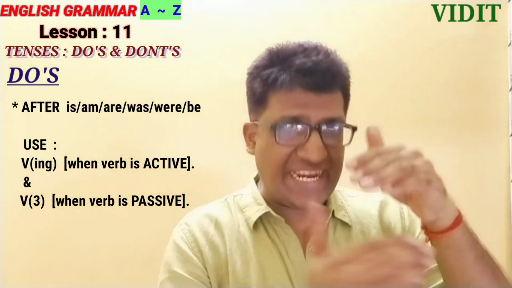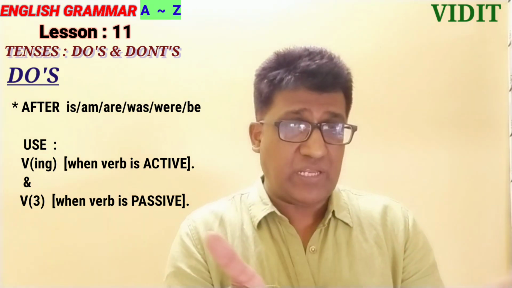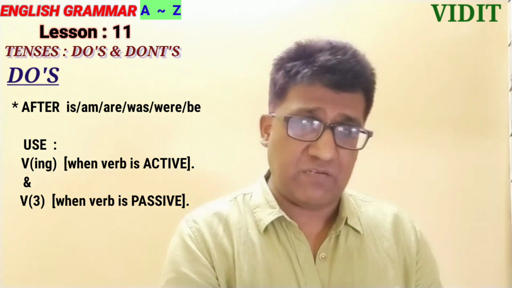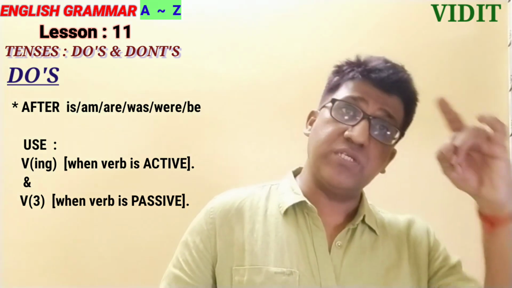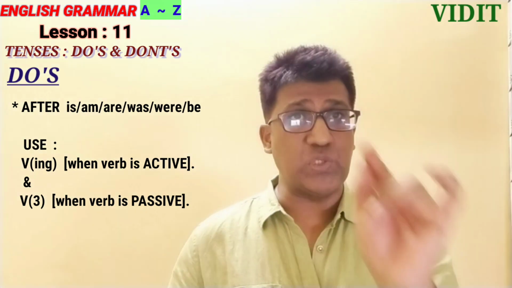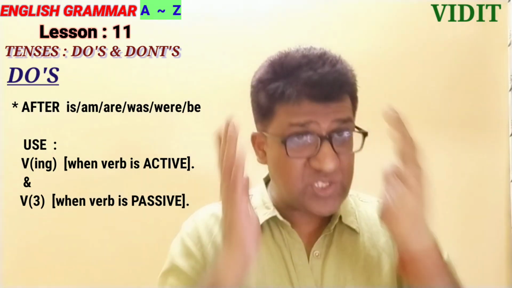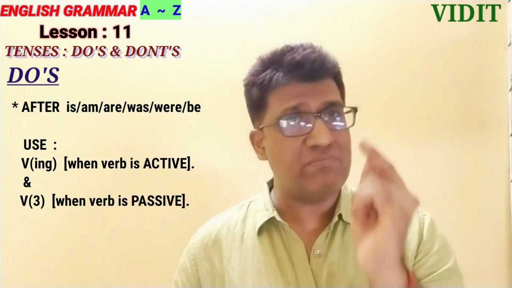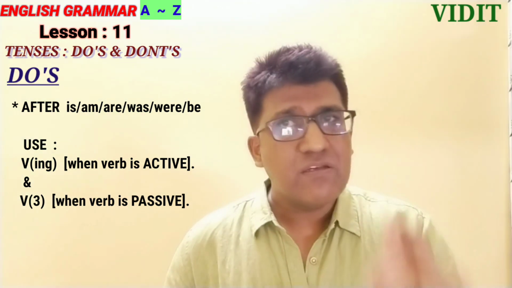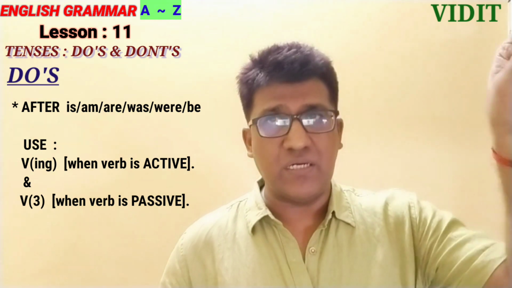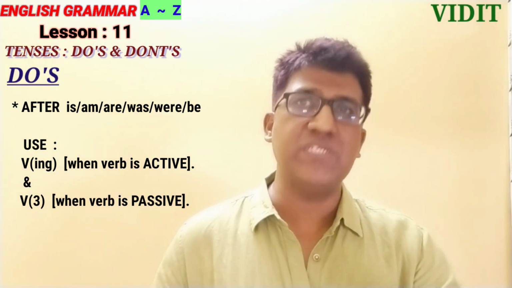Active and passive you'll understand later, but just remember: when the verb is active, we have to use the ing form, and when the verb is passive, we have to use the third form of the verb. So the first do that you must remember is that after is, am, was, were or be, there is always either the ing form when the verb is active, or the third form when the verb is passive.